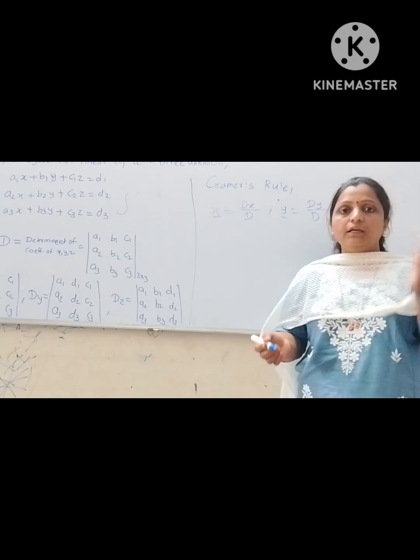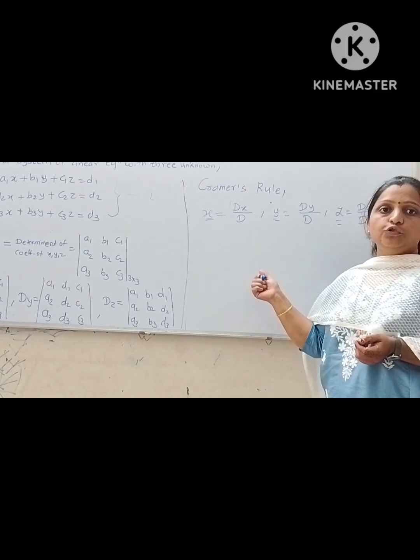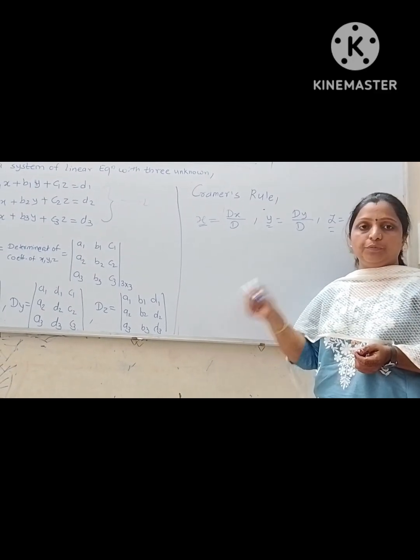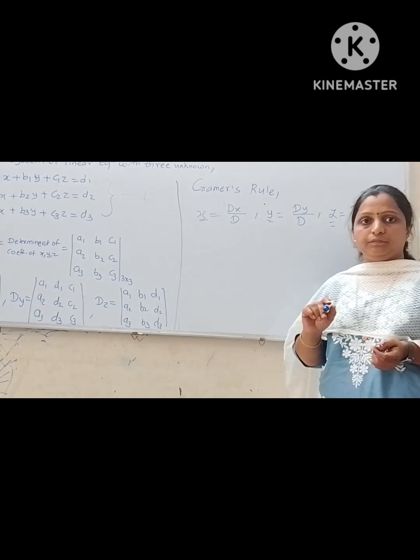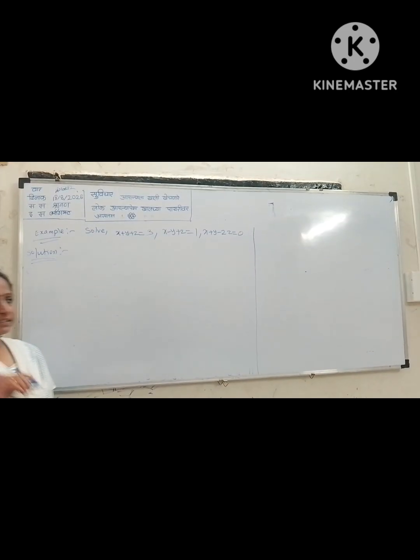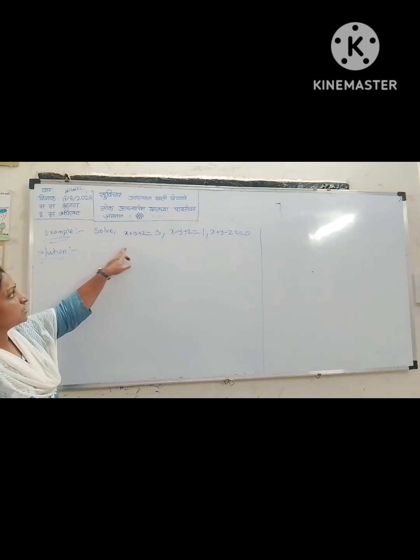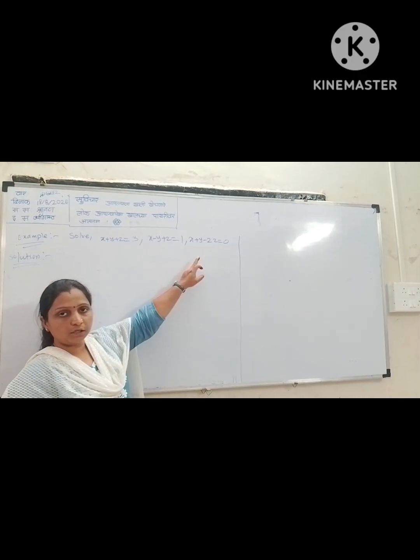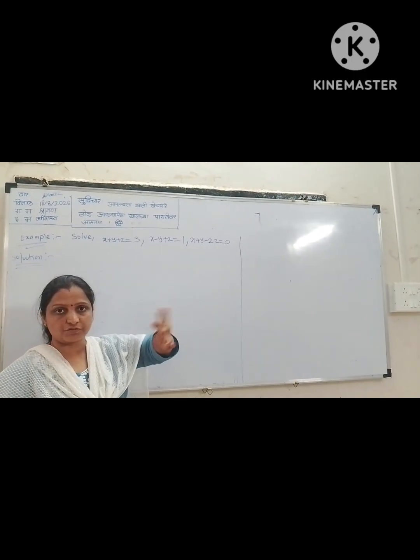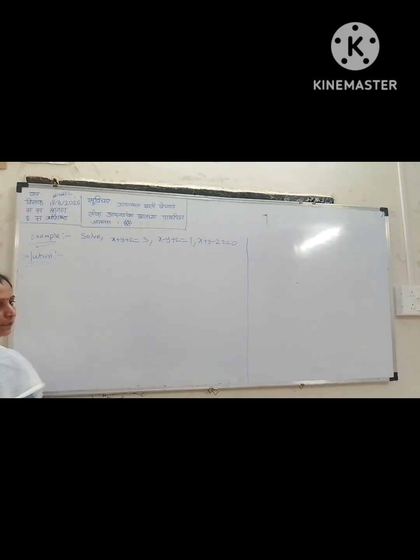Now let's see an example of how to use this method. Solve the system of three linear equations with three unknowns x, y, z by using Cramer's rule.